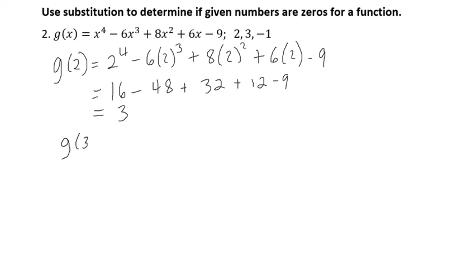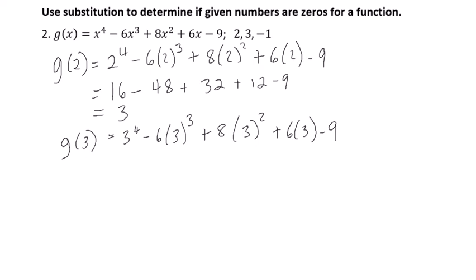Plug in 3 now, and we get 3 to the 4th minus 6 times 3 to the 3rd plus 8 times 3 squared plus 6 times 3 minus 9. All right, 3 times 3 is 9. 9 again is 81, minus 6 times 3 times 3 times 3 would be 6 times 27.